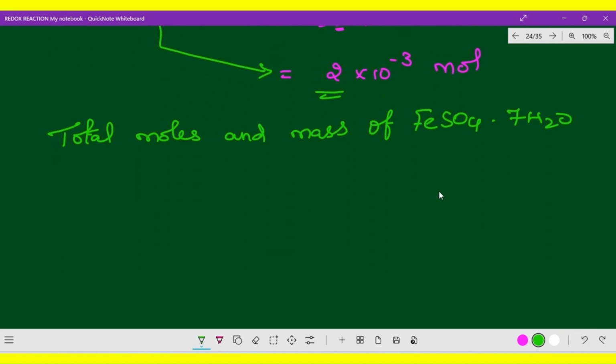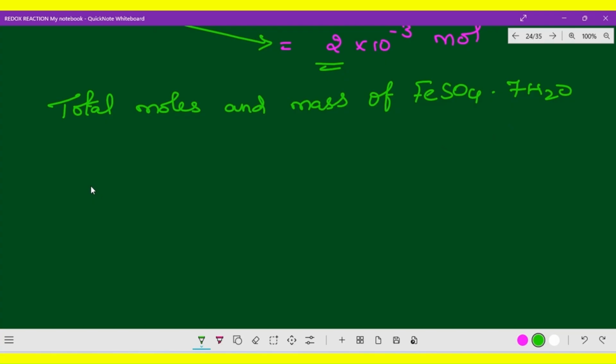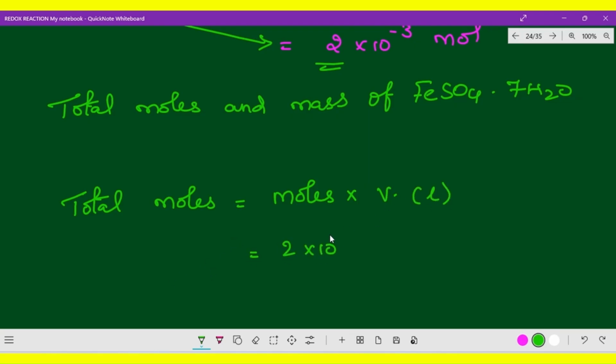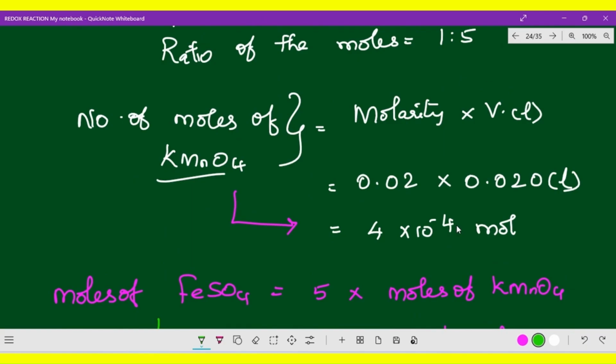Okay, so total moles equal to moles into volume of solution in liter, right? So here total moles 2 into 10 to the power of minus 3 mole into volume of solution, how much? Here 1 liter they mentioned, no? So it has mentioned 1 liter.